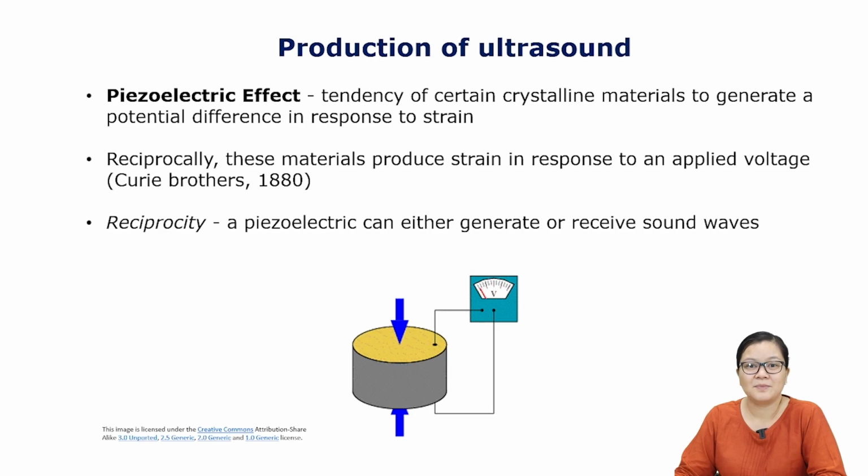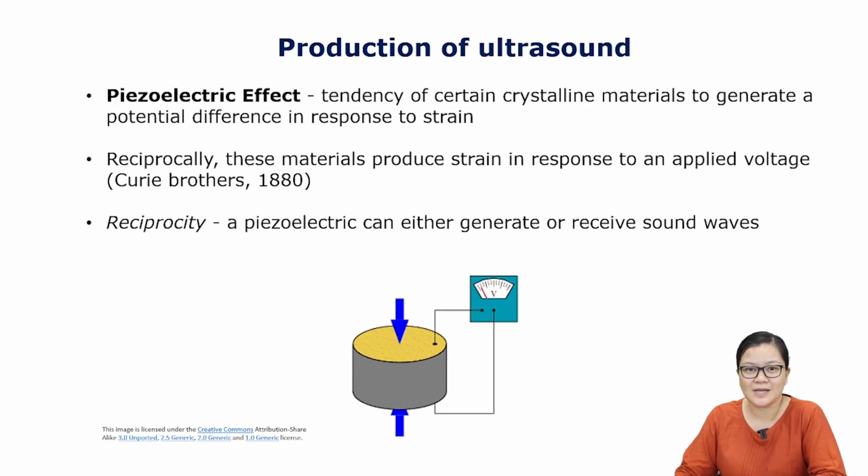I talked about the piezoelectric effect and how it is useful in ultrasound imaging. So the piezoelectric effect is fundamental in the production of ultrasound. It utilizes the effect within crystalline materials such as quartz to generate a potential difference in response to a strain. Subsequently, these materials can produce a strain in response to an applied voltage.